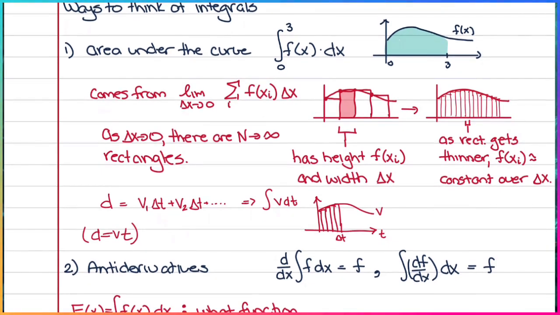And so, again, but why areas? If I don't want to think of this in terms of areas, then what else? How might I motivate this with a physics idea? Well, I like to think of the idea of distance, right? I know that distance is velocity times time.